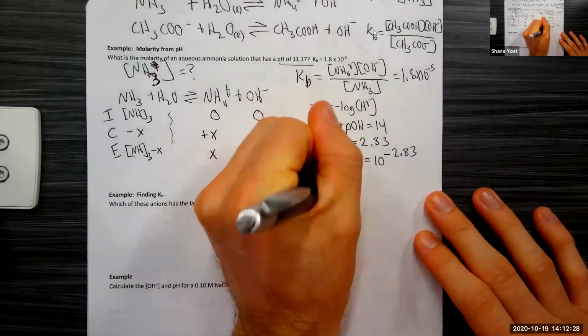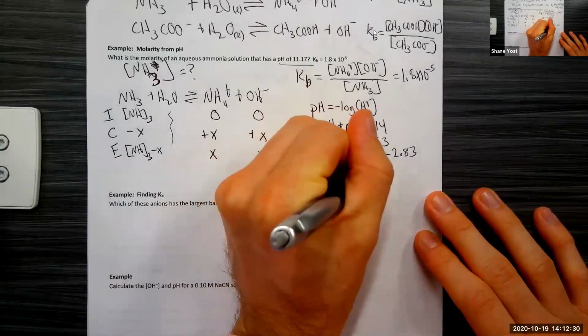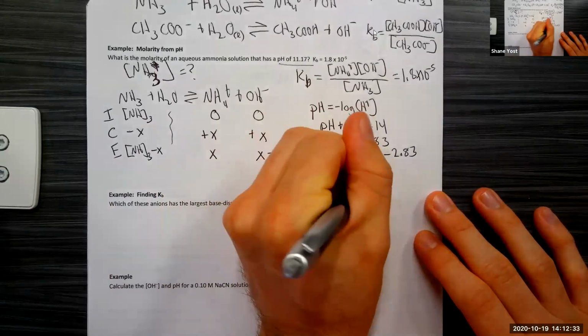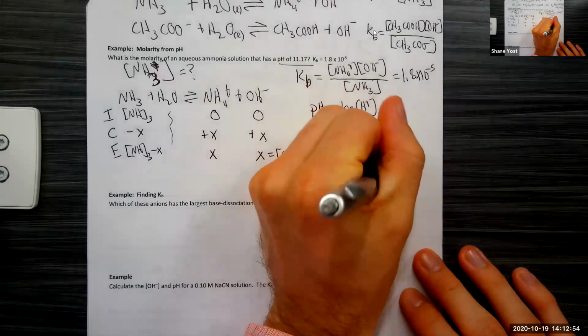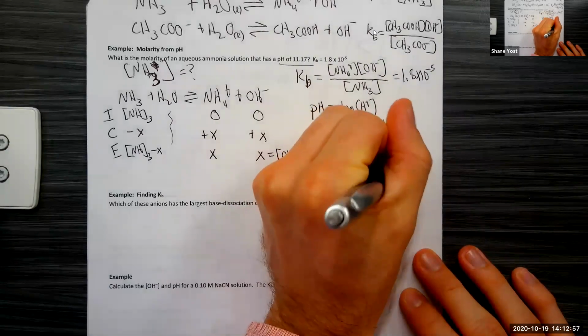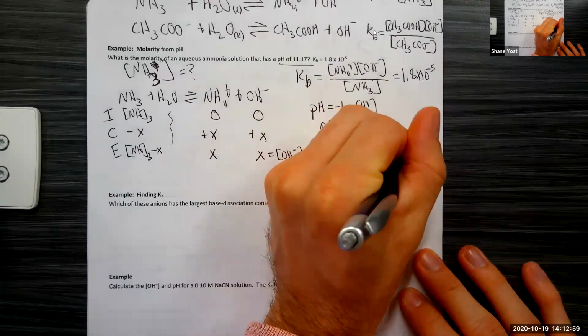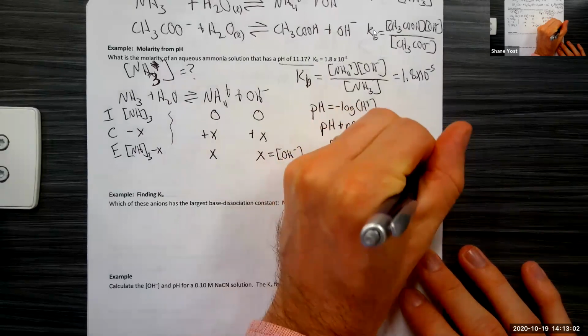And so that equilibrium concentration of OH minus is equal to, I don't know if anyone has that number. It is 0.00148 molar.